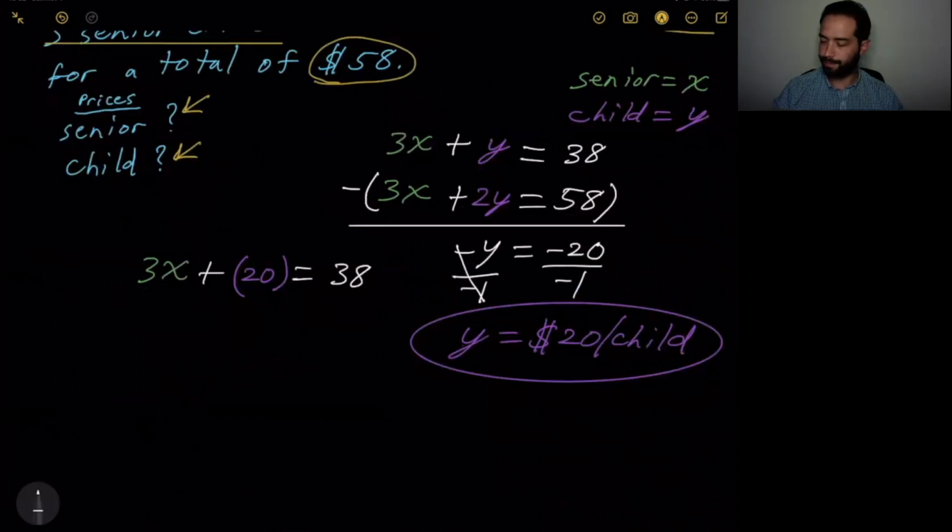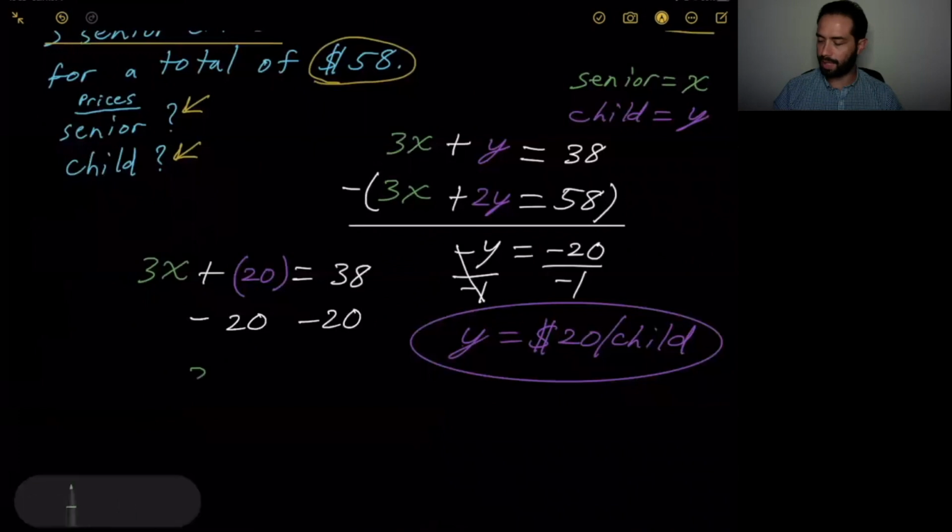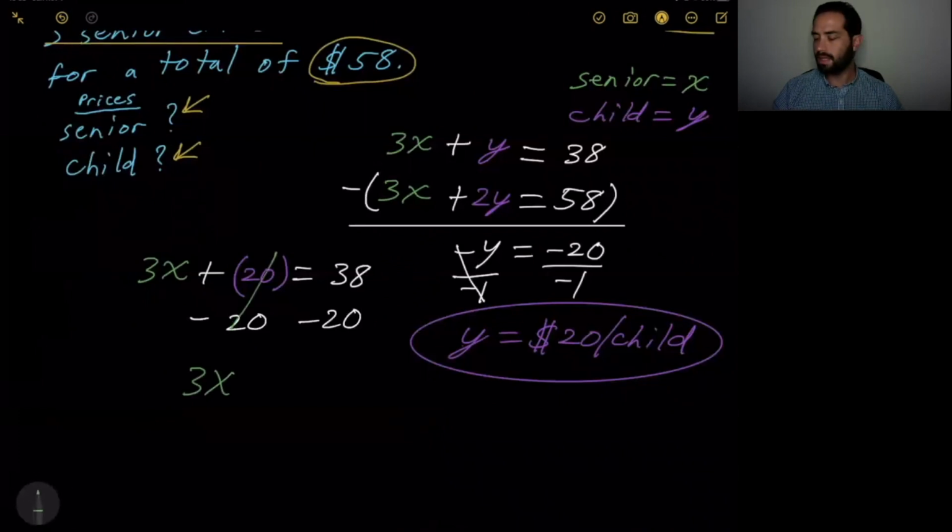Here we go. We have positive 20. So what do I do? I do the opposite. That would be subtraction by 20 on both sides. We're left with our 3x, because those cancel out, equals, what is 38 minus 20? That would be 18.